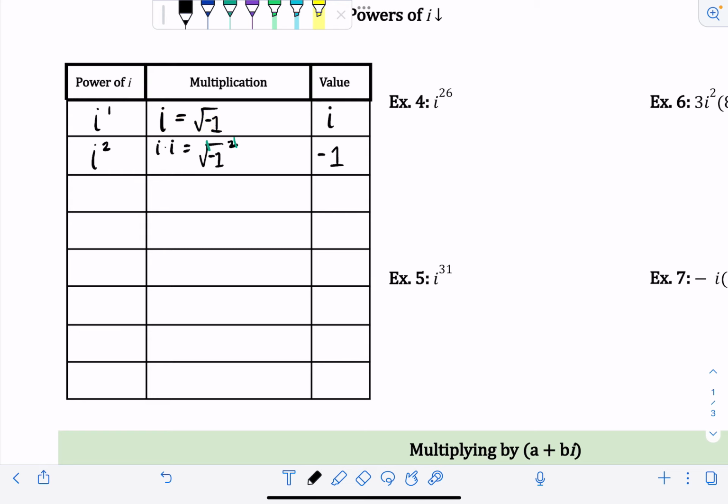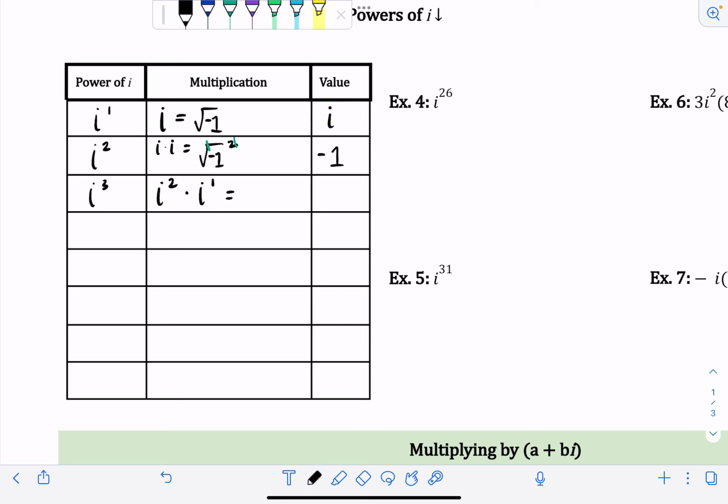And then the next one is i to the third power, which I can get by taking i squared and multiplying by one more i. So instead of two i's being multiplied together, I'm multiplying one more to get to i to the third power. I can take each of these simplified values and put them in here to get my new simplified value. I know this is a weird table, just bear with me.